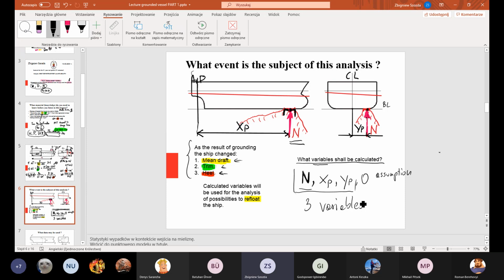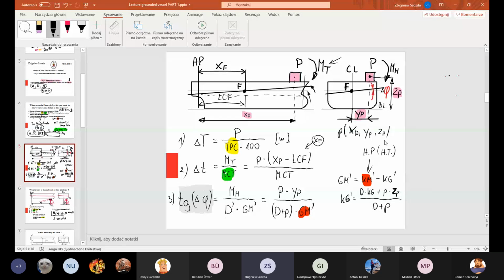It should be obvious for everybody. We will need 3 equations. And how many equations we were talking about 15 minutes ago? 3, exactly.